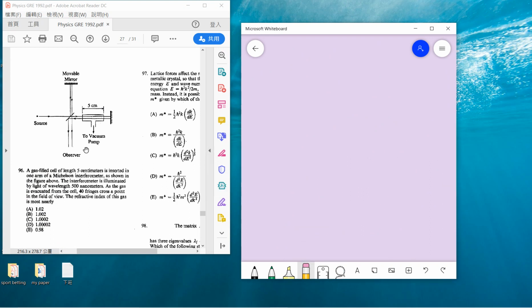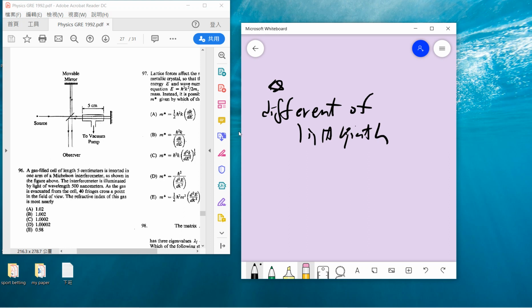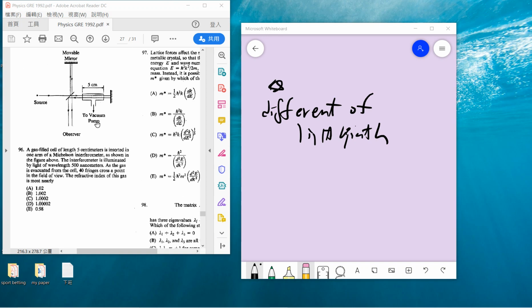Okay, so we come to 96. It is a similar one, a Michelson interferometer. The important thing is the difference of the light path. The horizontal one and the vertical one differ by a gas in the vacuum chamber. The interference fringes are counted in units of the light wavelength. You know that the wavelength is 500 nanometers, and there is a gas in it, so there will be some refractive index.